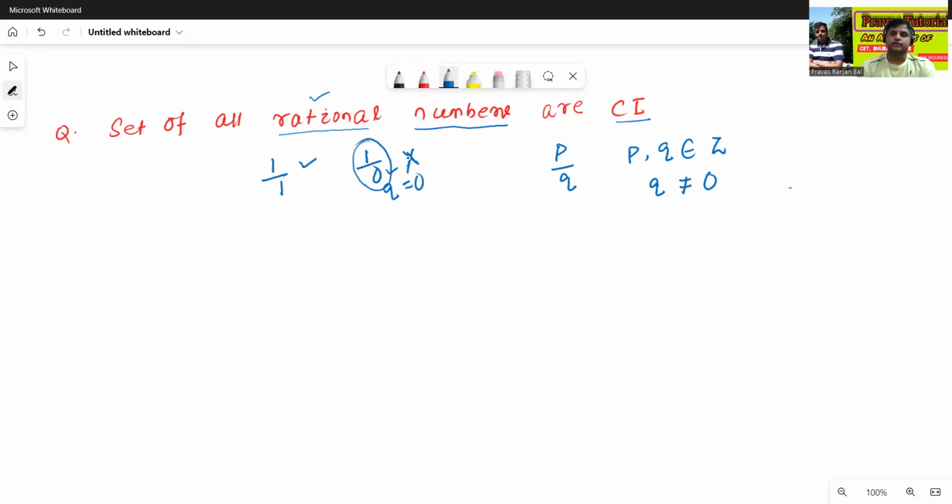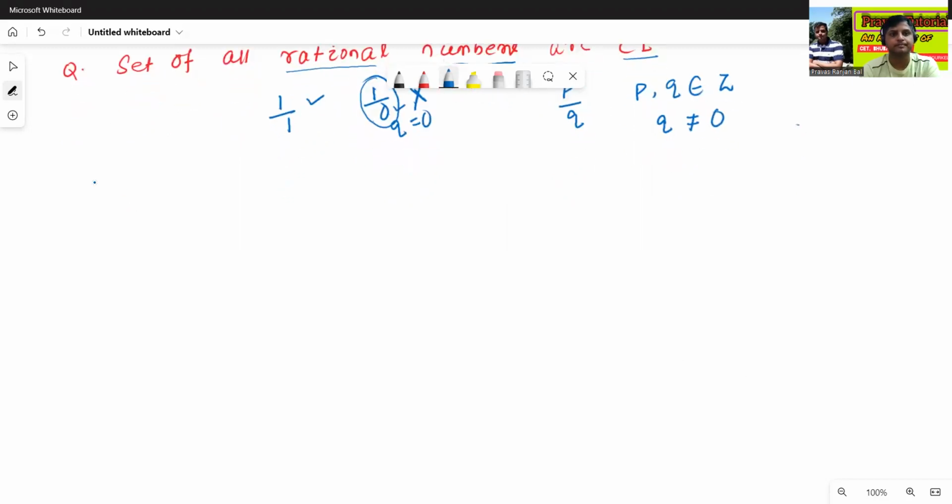Okay. So here the question is: set of all rational numbers are countable infinite. Let the set be R. Now we'll write 1 by 1, then we'll continue 1 by 2, then 1 by 3, and so on.